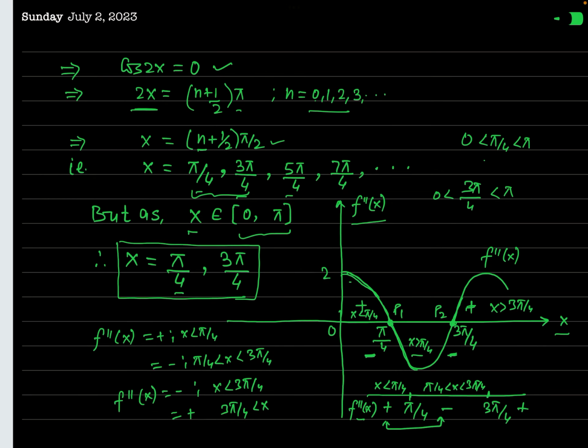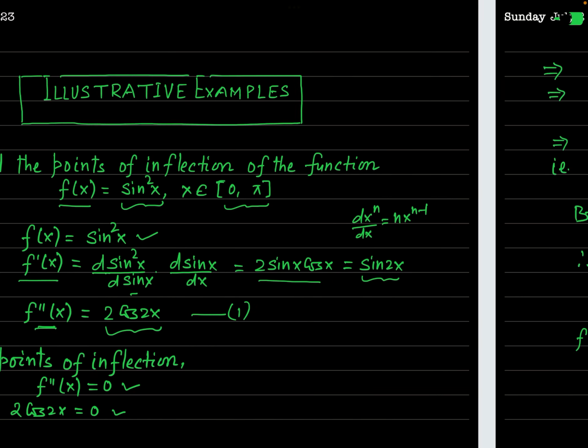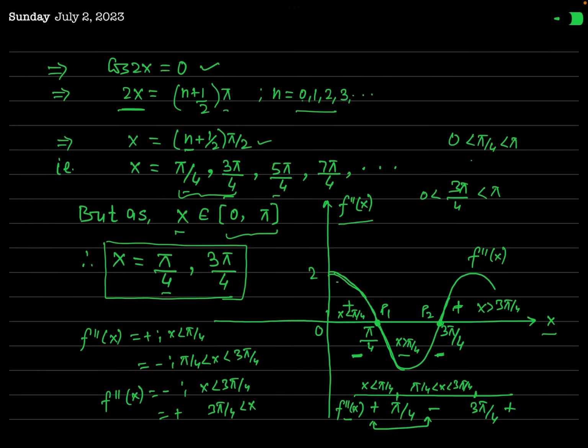Okay. Don't see the shape of this curve, because this is not the curve of f of x. This is the graphical plot of f double dash of x. I have plotted it for seeing the sign of f double dash of x. Okay. So at this point, the shape of the curve will change from concave up to concave down at this inflection point.